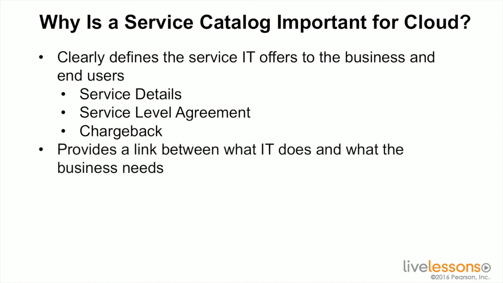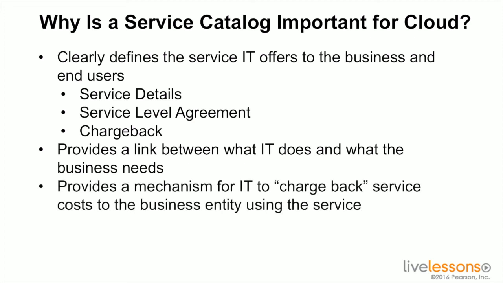And ultimately what it does, it provides a link between what IT does and what the business needs. And this is crucial because this allows you to then tie the services that you're offering directly to business initiatives. It also provides a mechanism for IT, again, to charge back those service costs to the business entity using the service catalog to drive more revenue, to be able to do new projects and things like that.